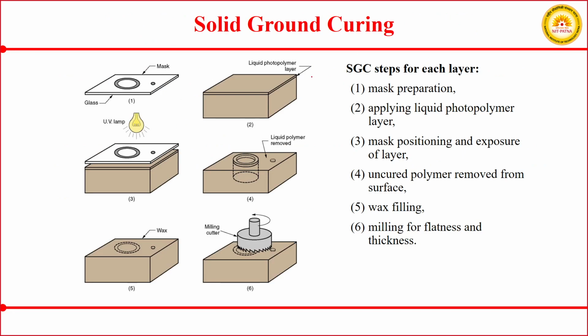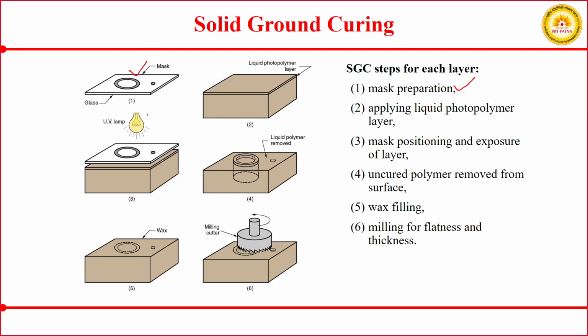So here we need to prepare the mask corresponding to the geometry required. First step, you will prepare the mask and apply a liquid polymer layer. You have a mask here, and a UV lamp over it.